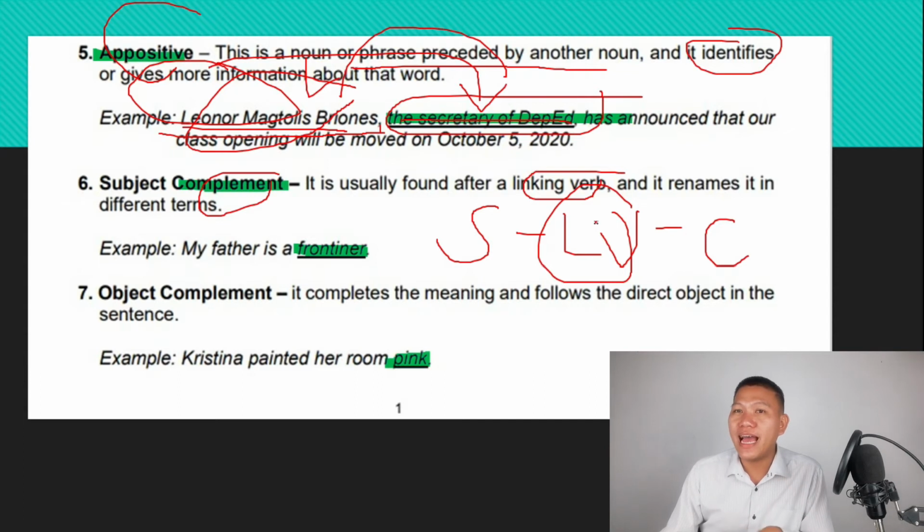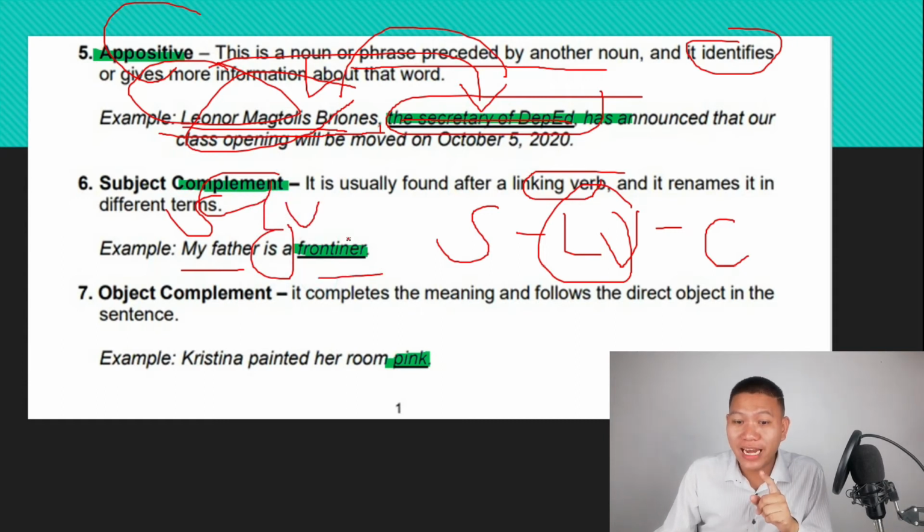Okay? If the noun comes after them, then we call it subject complement. Example, my father is the subject, and then we have the linking verb, and then frontliner. So frontliner here is a subject complement. So it's SLVC. Okay?